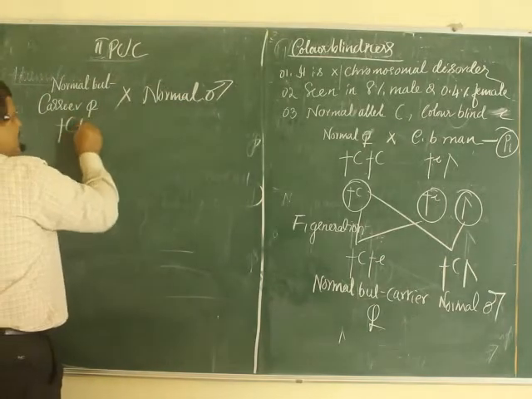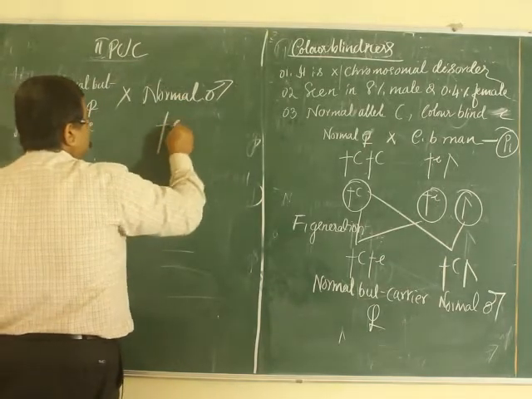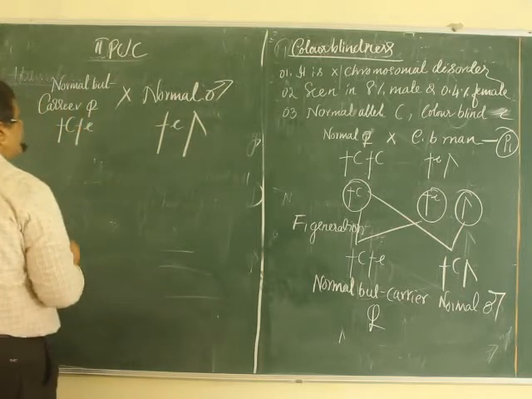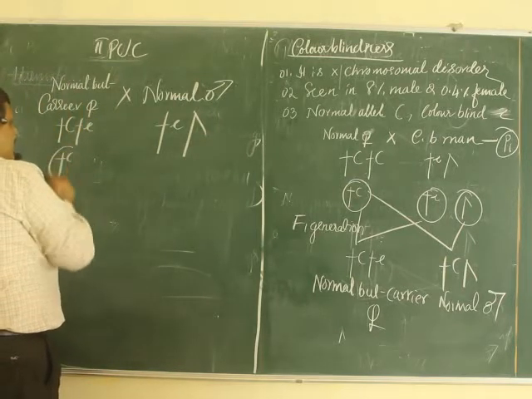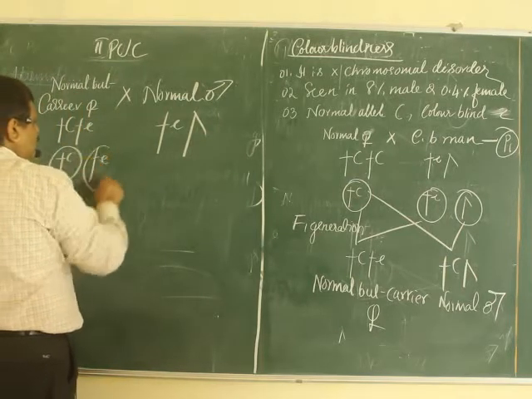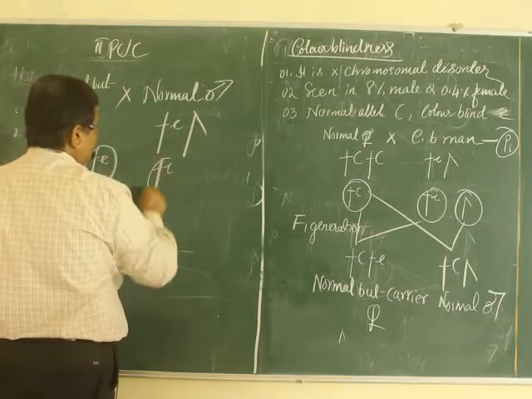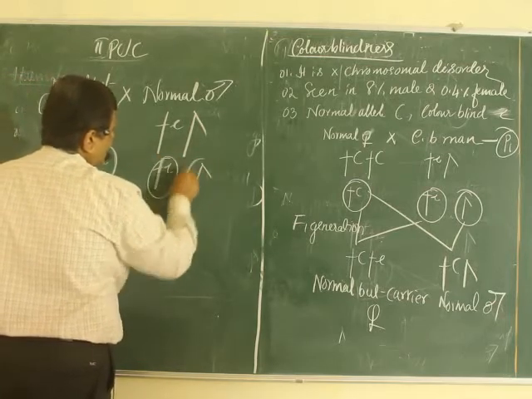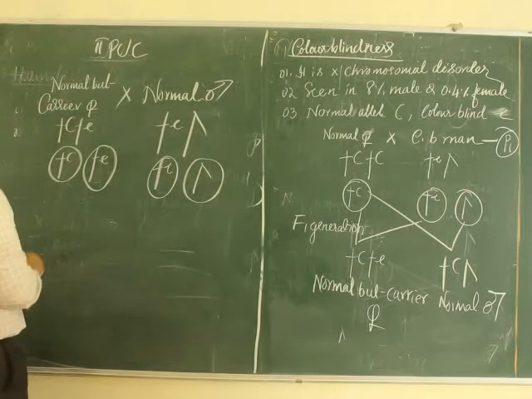Capital C and small c are the two types of gametes in the female, and capital C and Y are the two gametes in the male.